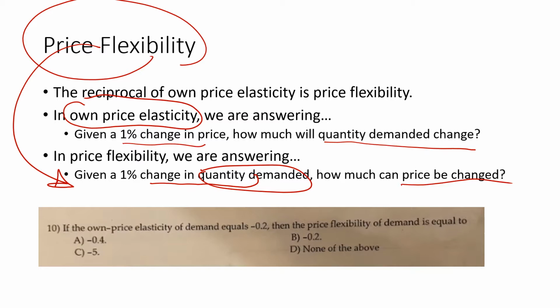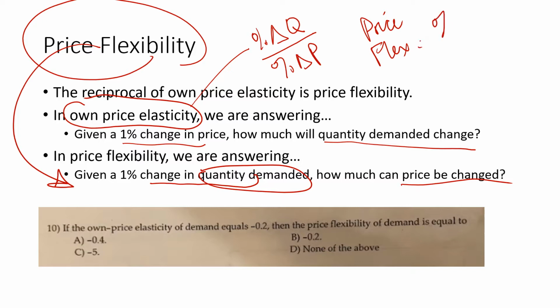So where our own price elasticity equation is percent change in quantity divided by percent change in price, price flexibility is percent change in price divided by percent change in quantity. So if the own price elasticity of demand equals negative 0.2, that would be all over 1, right? Then the price flexibility of demand is equal to what?